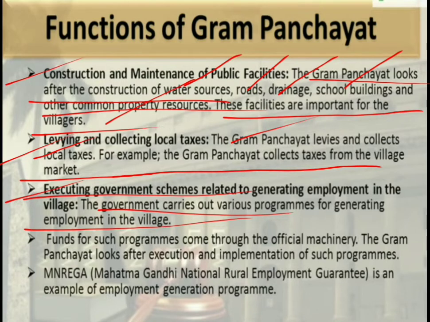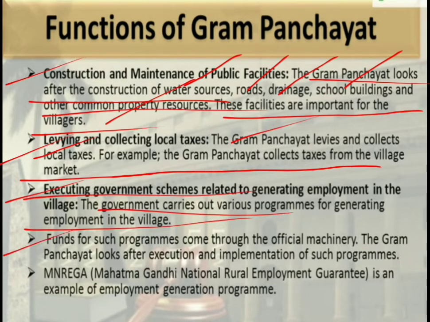So in this period of time our government carries out some programs to generate employment. For example, construction of public buildings, roads and so on. In these public works, jobs are provided to the villagers to get employment, working on daily wages, and to lead their family. This is one of the executive government schemes adopted in the Gram Panchayat functions.